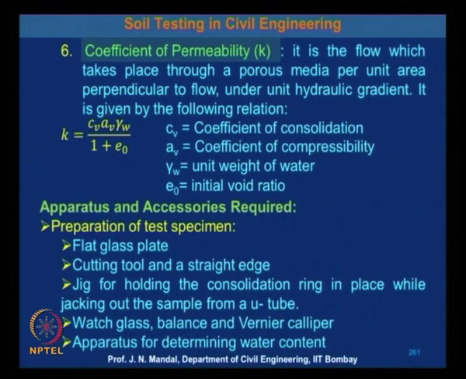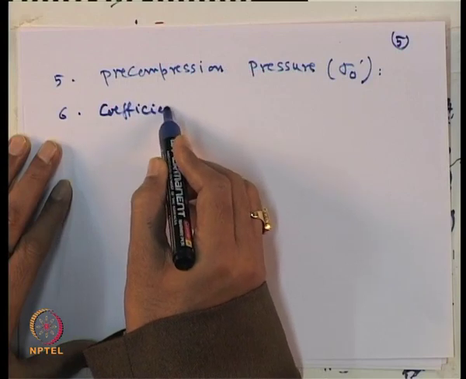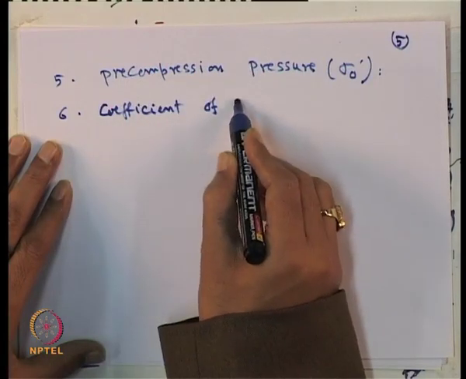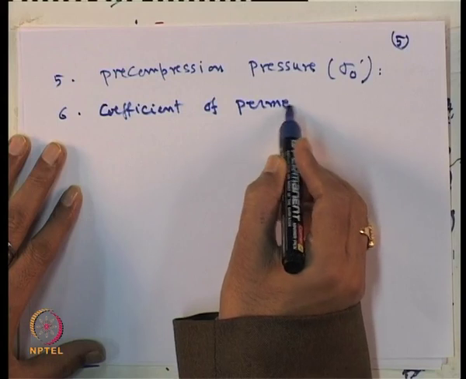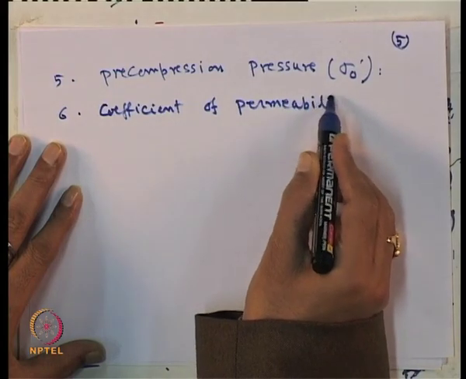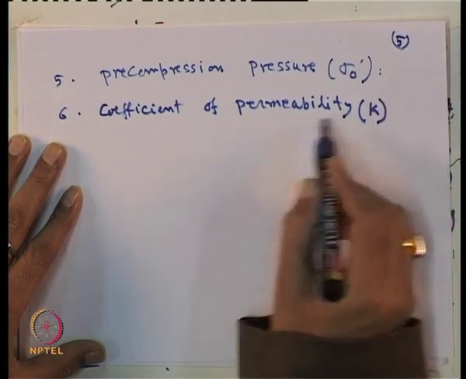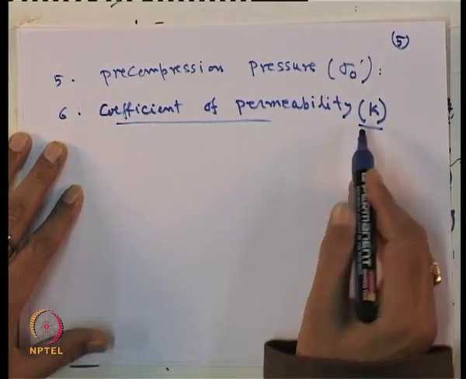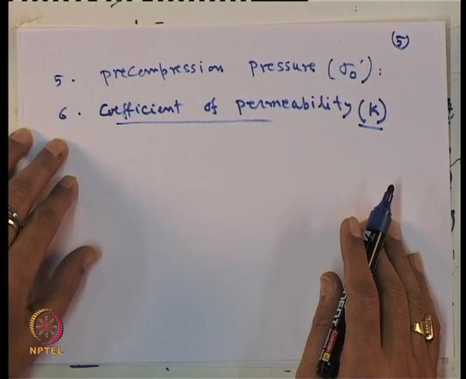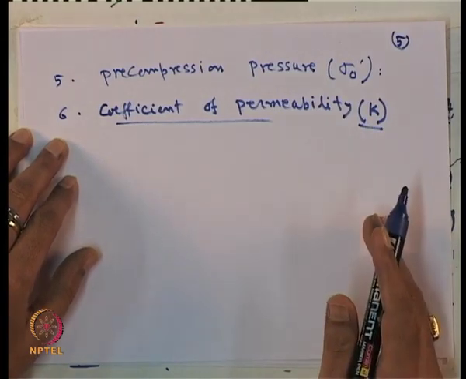Now, the other term is the coefficient of permeability, and that is denoted by K. Coefficient of permeability you can also determine from the consolidation test.